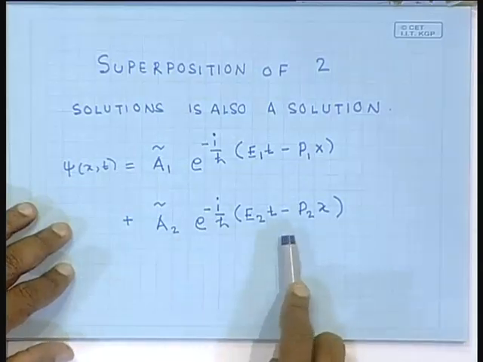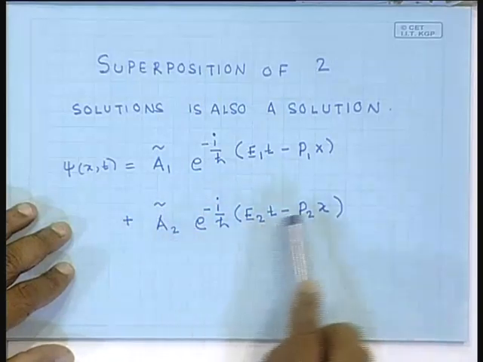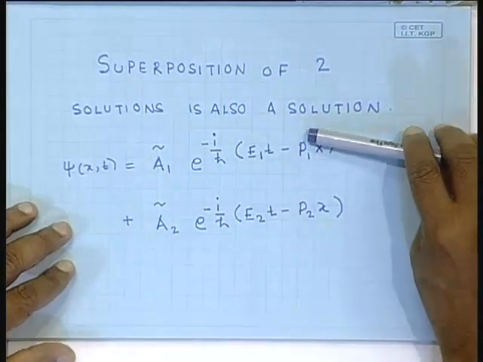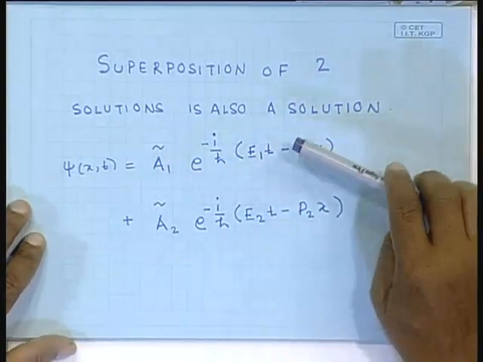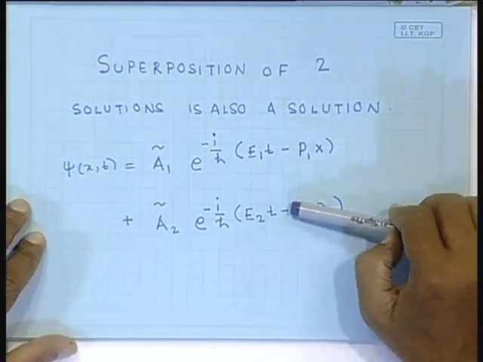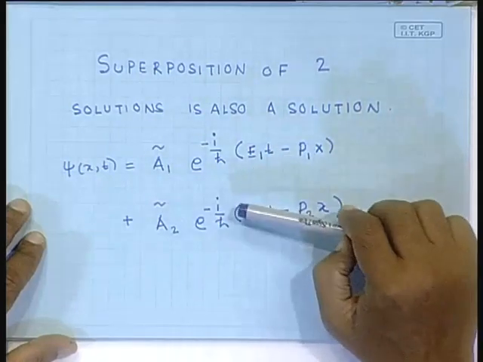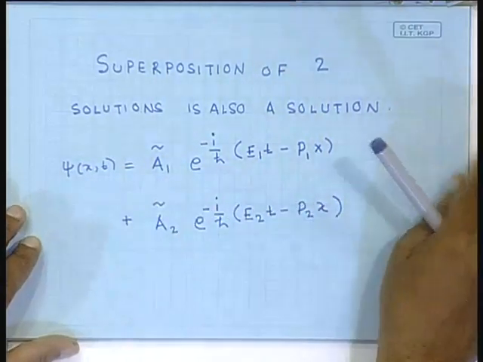In this solution, the constants have values P2 and E2, and there is an overall amplitude A2, which is again different from this. This corresponds to a particular state of the particle, in this case the electron, if you are dealing with an electron's wave function. This corresponds to a different state for the particle. The superposition of these two is again a different solution, so it corresponds to a third state of the particle.